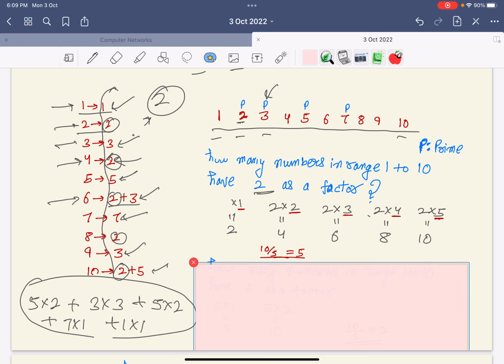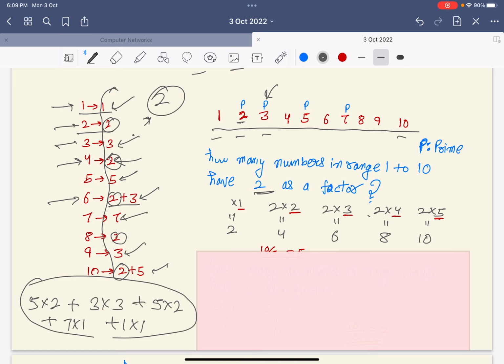So if we write the table of 2, we can write 2 times 1, 2 times 2, 2 times 3, 2 times 4, 2 times 5. 10 is also existing. Beyond that, 2 times 6 is not existing in this range. So we can say that 5 numbers having 2 are occurring in the whole range from 1 to 10.